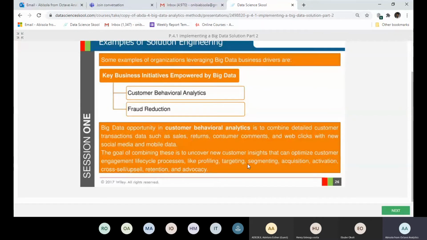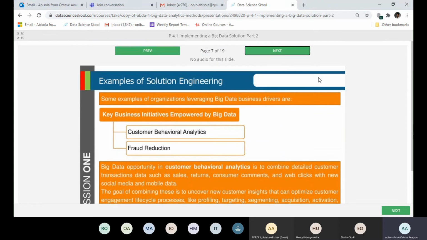So this will help you to uncover new customer insights, okay? And this will help you to increase profits, and it also helps you to know when to drop a product, when to bring new products to the market, when to increase the price of your product, and so on and so forth. So this is one of the application examples of solution engineering, and one of the ways that companies actually use big data.